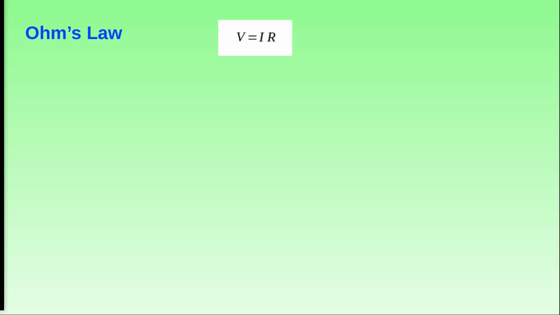R is the value of the resistance, or the entity that opposes the flow of current, which is measured in ohm. The formula can obviously be rearranged to calculate any of the three values, once the other two are known. And so we also have I equals V over R, and R equals V over I.